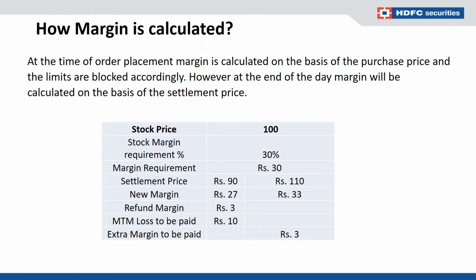In case the price goes up from 100 to 110, the new margin applicable is 33 rupees, so 3 rupees more will be debited from the client's bank account. No MTM profit will be credited since the positions are open. Once the positions are closed, customers will get the margin as well.